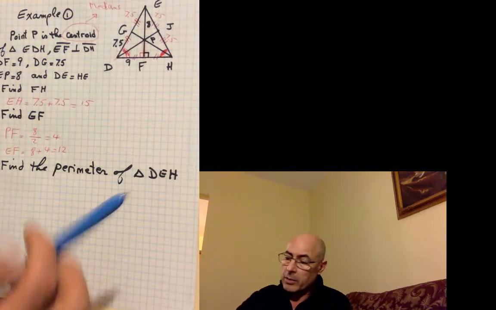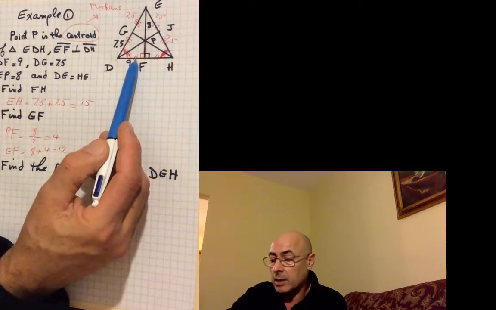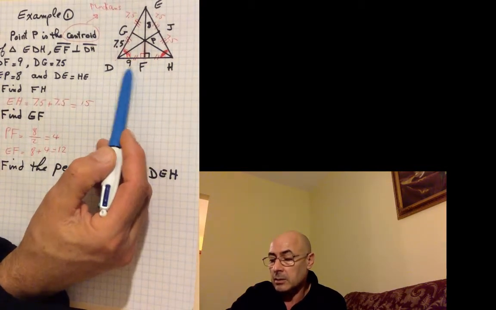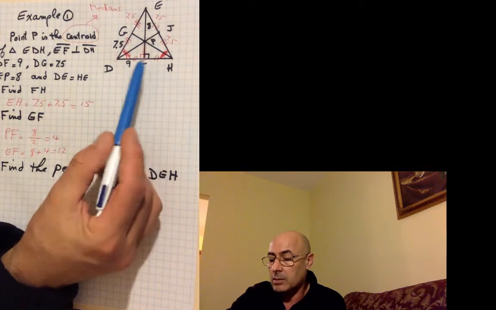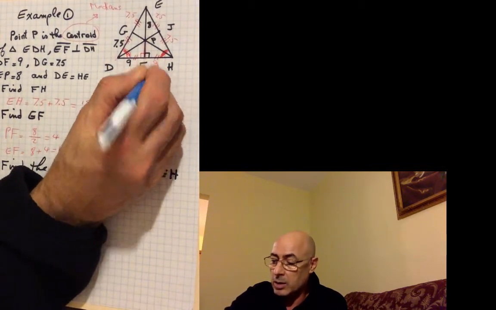So now let's look at the 3 sides. This side I know it, 7.5, 7.5, so now this is 15. We did that before. The other side, it's congruent to this one. So if that's 15, that's 15. Plus the third side. If this is 9 and this is median, so this is also 9. You see the marks, same marks. So we know that this has to be 9.